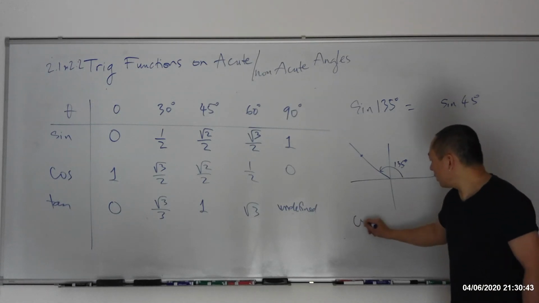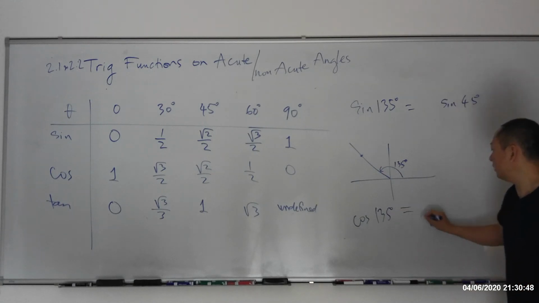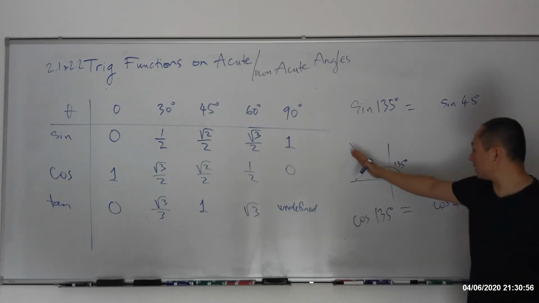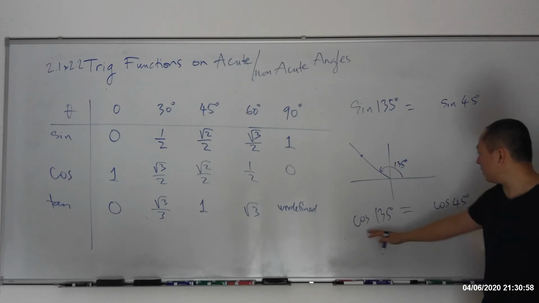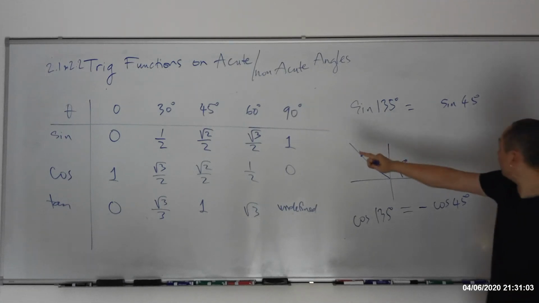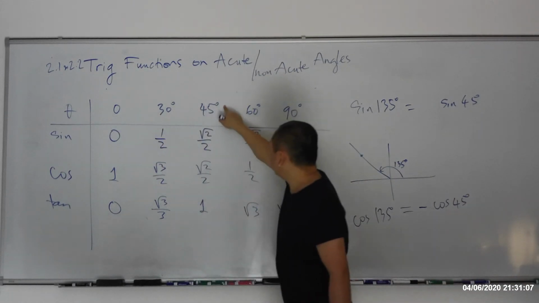What about cosine of 135 degrees? Now we still bring it back to the acute angle that we're talking about, cosine of 45 degrees. Okay? However, it's on the second quadrant, so the x value is going to be negative. In other words, cosine will be negative. So I'm going to put a negative sign in front. And now look at my table. Sine of 45 degrees is root 2 over 2.